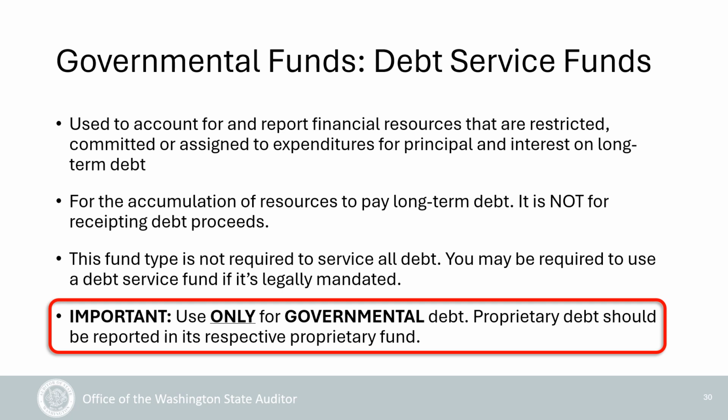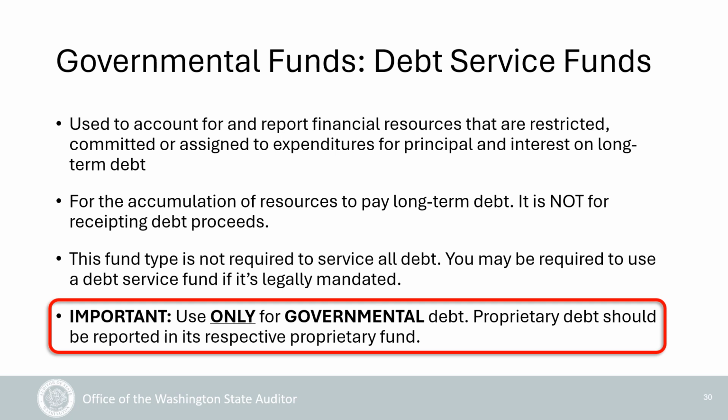The debt proceeds are going to be used for your construction project or big purchase. The debt proceeds are not going to be used to repay the debt itself. So the debt proceeds need to be receipted into a different fund, like a capital project or the general fund.